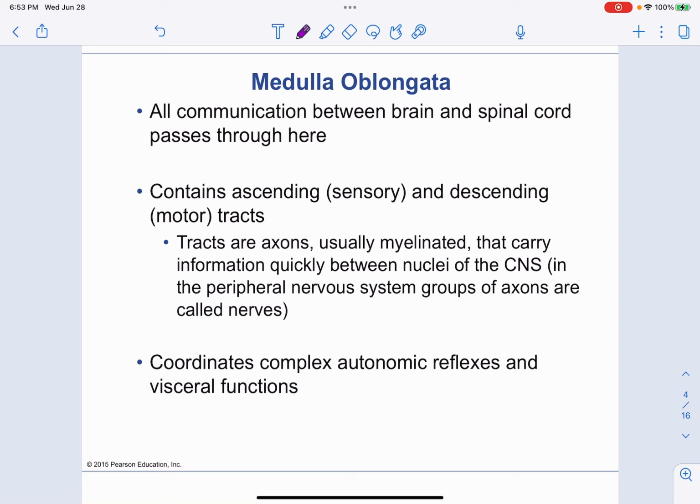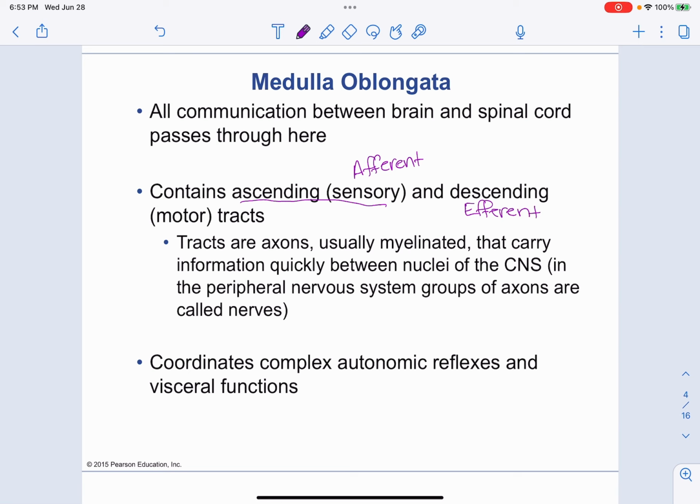Again, all communication between the brain and the spinal cord is going to pass through this area. And it's mostly white matter. There's a lot of axons going on here. And if you remember, the ascending sensory information is the afferent tract, and the descending motor information is the efferent tract.